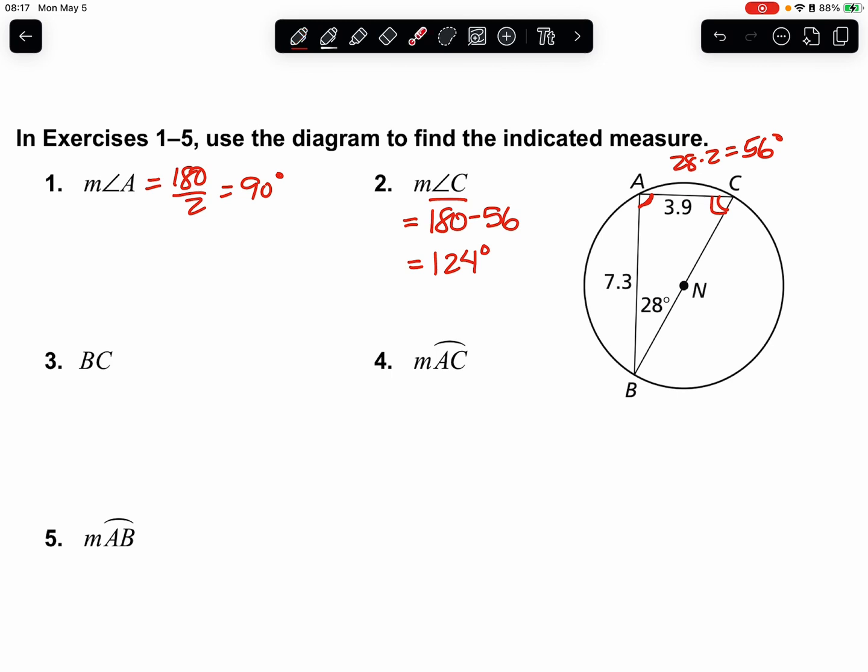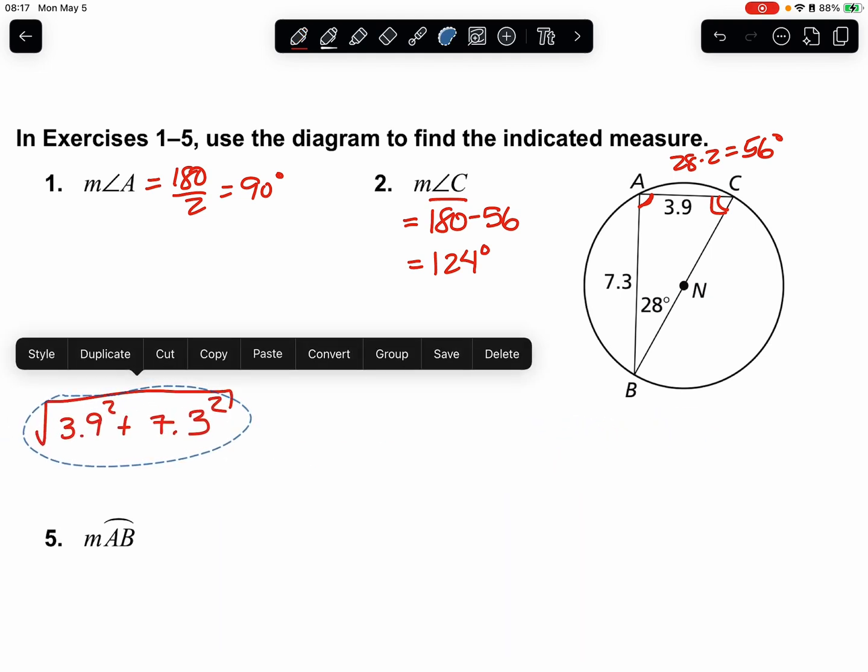The distance BC. What is the distance all the way across? Well, if I knew half of that, I could double it. I don't. But, ooh, I do know those two sides. So guess what? We can take and square these two numbers and then take the square root of that. Okay? So grabbing the calculator.